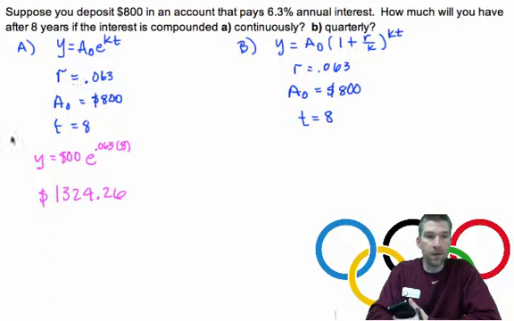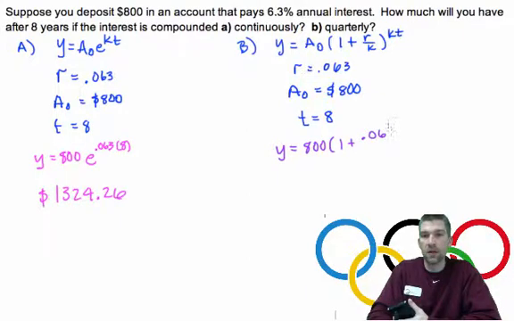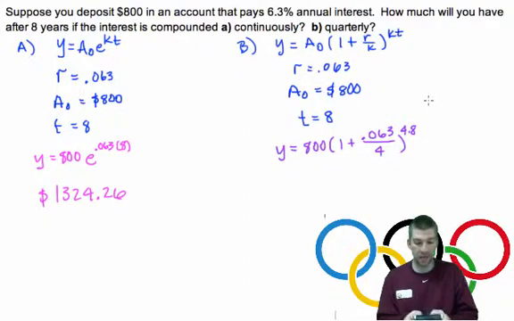On the next one, we'll solve it in purple. y equals 800 times 1 plus the interest rate 0.063 divided by k. That's the number of times that we compound interest, which is 4 times a year. And then we raise this to the 4 times 8 power. I'll punch that in, and we should get a number that's similar, but not the same.